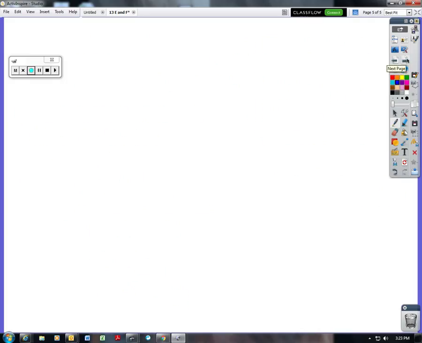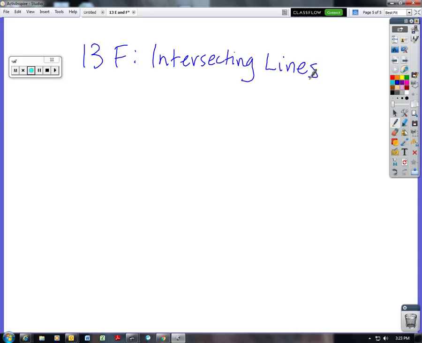And now we're on section 13F, which is on intersecting lines, is the topic. And they just have one example, and in fact, this lesson just starts right in on that example. So example 13.